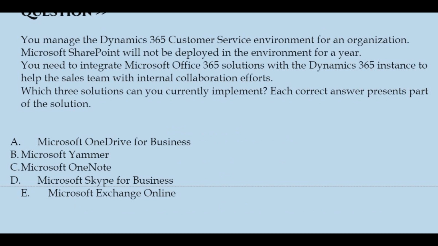Which solution can you currently implement? Each correct answer presents part of a solution. Option A, Microsoft OneDrive for Business. Option B, Microsoft Yammer. Option C, Microsoft OneNote. Option D, Microsoft Skype for Business. Option E, Microsoft Exchange Online.